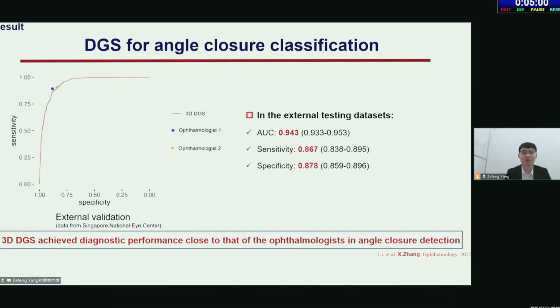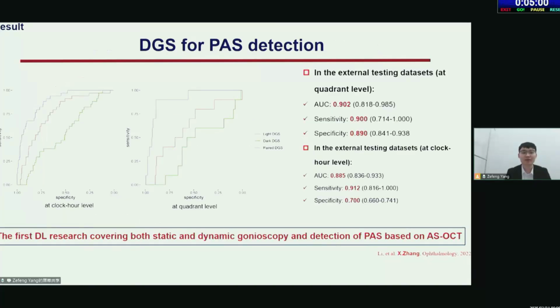In Task 1, for external validation, 3D DGS achieved diagnostic performance close to that of ophthalmologists in angle closure detection. Both sensitivity and specificity were above 80%, demonstrating the system's high accuracy in detecting angle closure. In Task 2, for external validation, 3D DGS is the first deep learning system covering both static and dynamic gonioscopy and detection of PAS based on ASOCT.